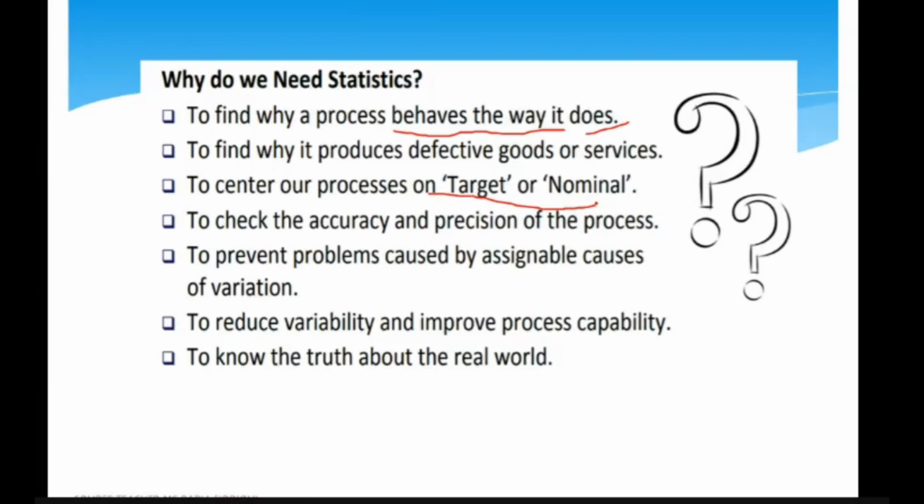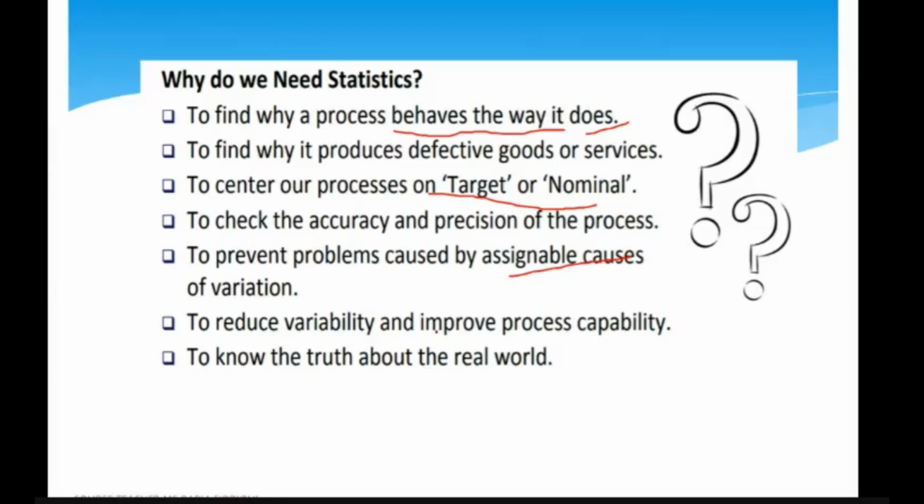Or you can say, in order to check the accuracy or precision of a process, how accurate your process is, or to prevent problems caused by assignable causes of variation. These causes you will learn in the next semester in the course metrology and quality control.